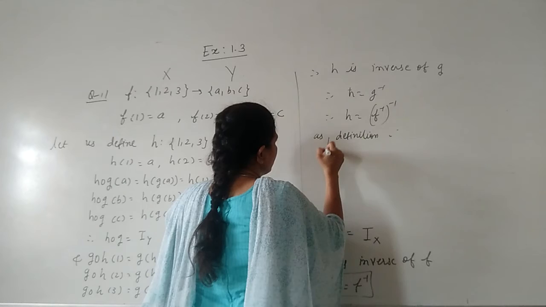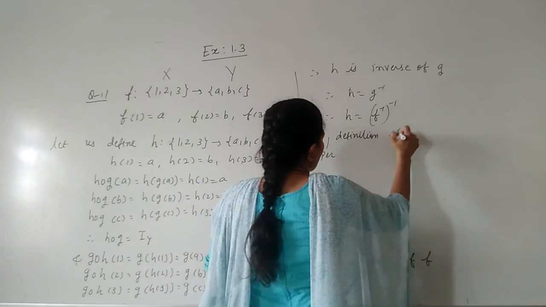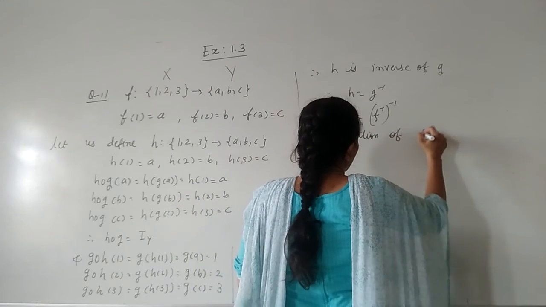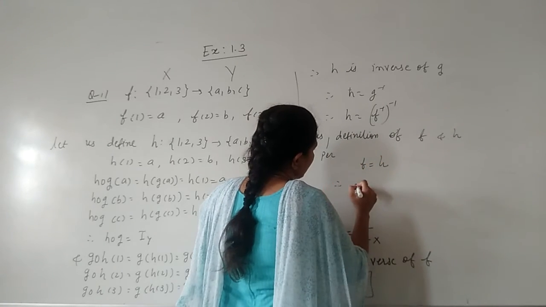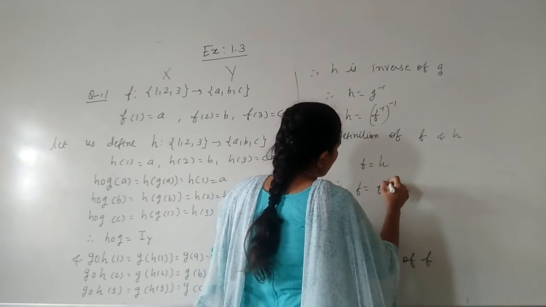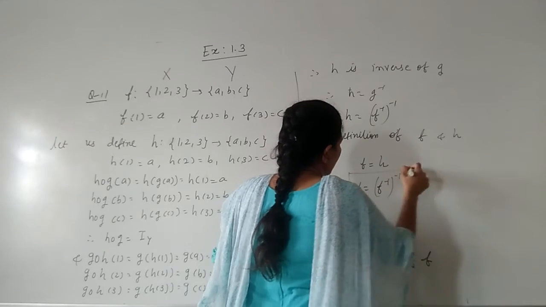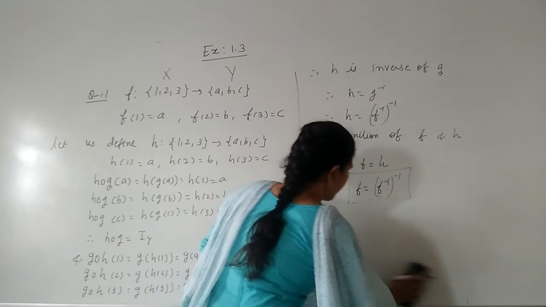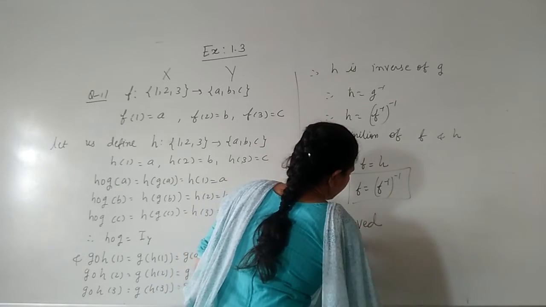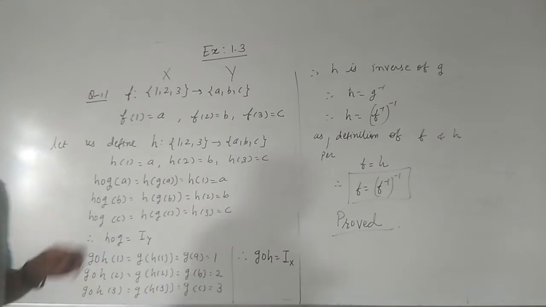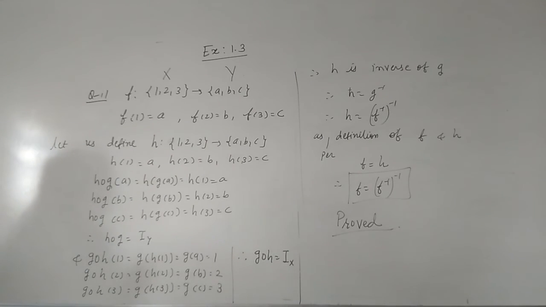As per the definition of H, F and H are the same. So F is equal to H. Therefore F is equal to F inverse of inverse, and proof. Okay, so this is the proof of question number 11.